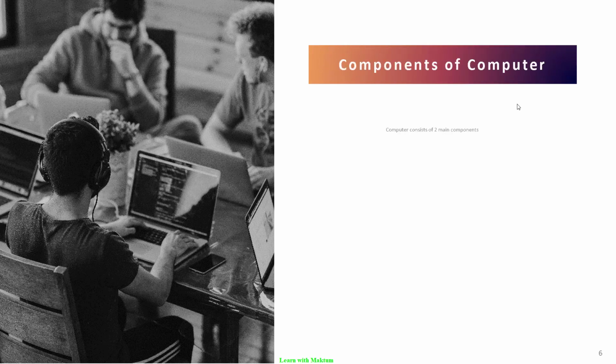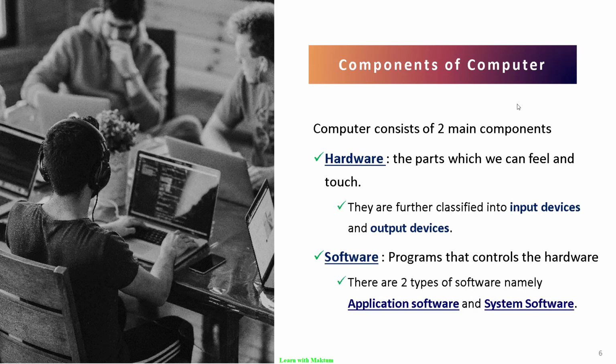Components of computer. A computer consists of two main components. One is hardware and the other is software. Let us see what hardware is. Hardware means the parts which we can feel and touch. For example, you can consider the keyboard, monitor and mouse. These are the hardware parts of the computer.